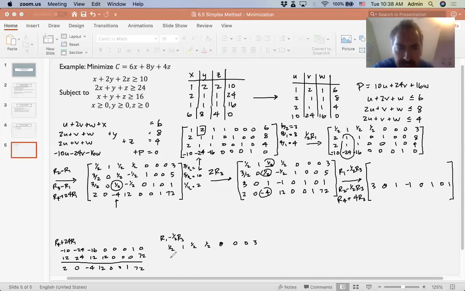Negative 1/2 times 3 is negative 3/2. 0 minus 1/2 plus 1/2. 0 minus 1/2. 1/2 minus 3/2 is negative 1. 1 plus 0 is 1. And that's 0, that's 1, 0, negative 1/2, 0, and 3 minus 1/2 is 5/2.